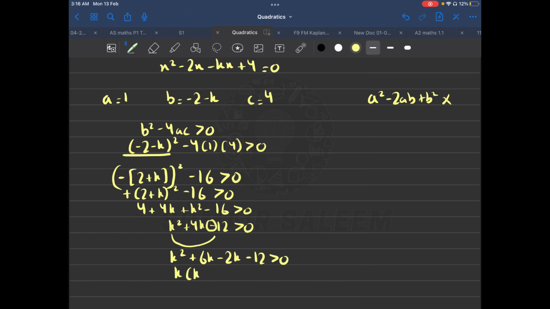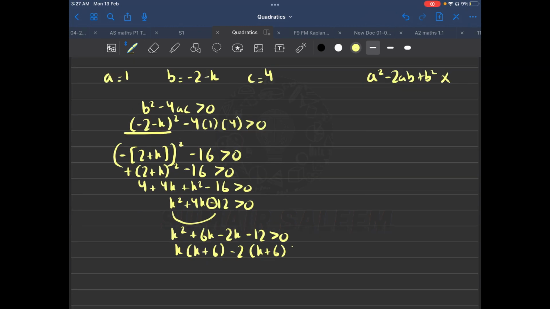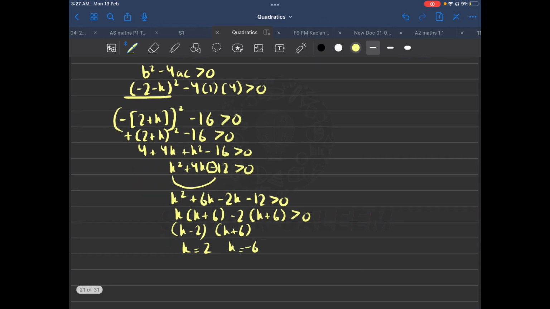Take k common, k plus 6. Take minus 2 common, k plus 6 greater than 0. So k minus 2 and k plus 6. So one k is 2, one k is minus 6. In case of greater, what did I teach you? Less than smaller value and greater than bigger value. That's it.